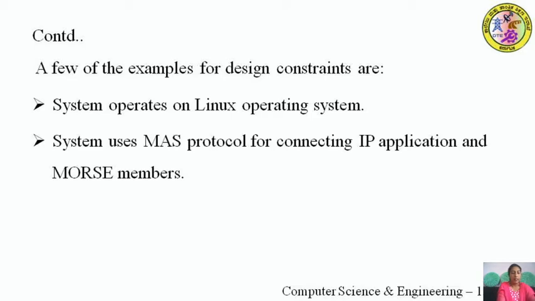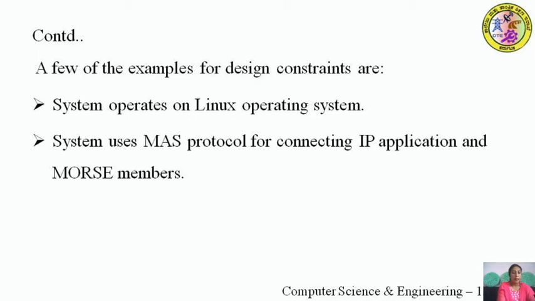Now let's have a look at a few of the design constraints examples. Example number 1, system operates on Linux operating system. Example number 2, system uses MAS protocol for connecting IP application and Morse members.